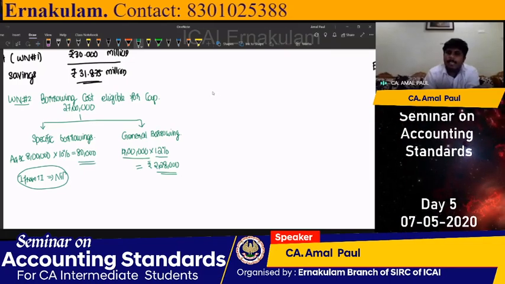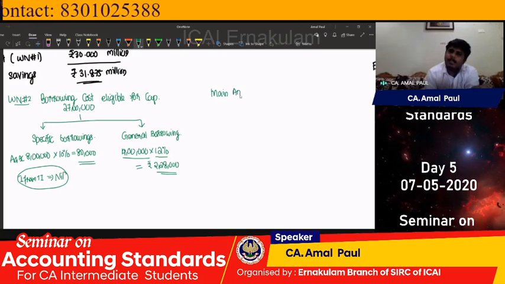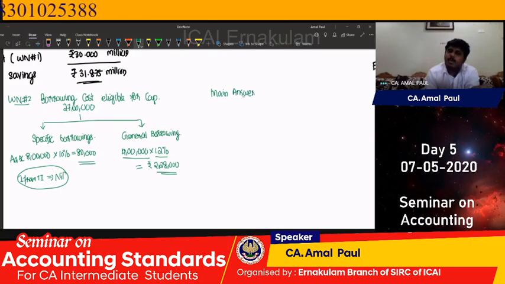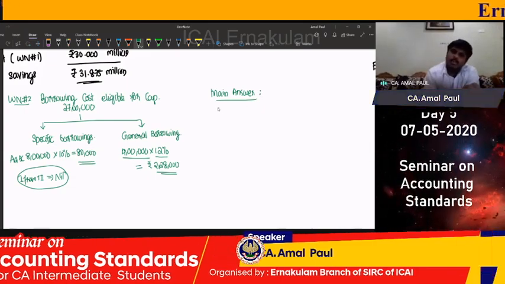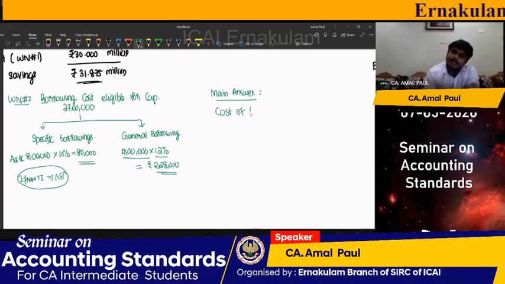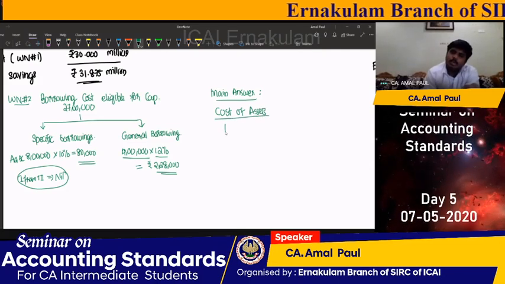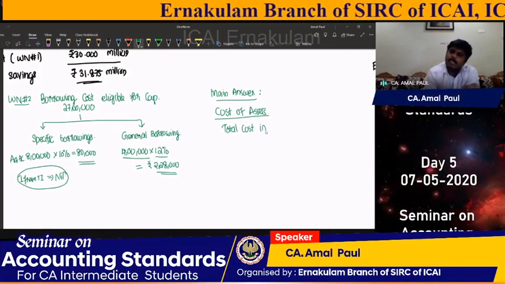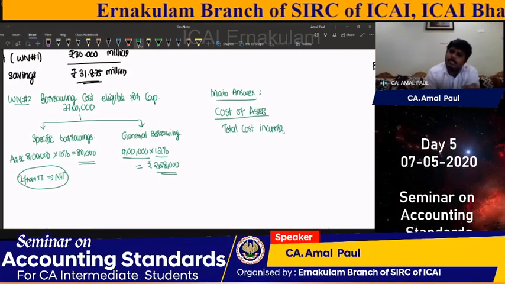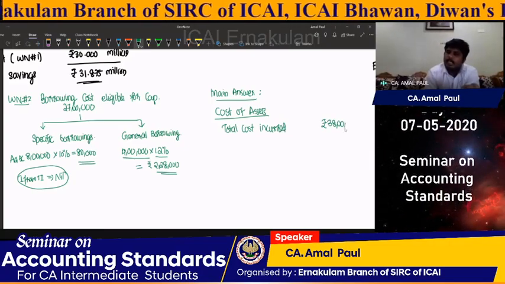So our main answer, we are going to the main answer. What is the main answer? We have to compute what is the cost of asset. Main answer, cost of asset. Total cost incurred is rupees 38 lakhs.